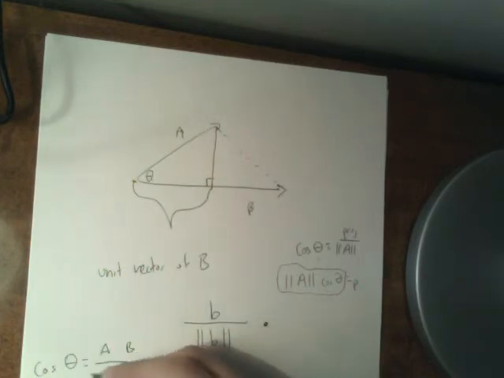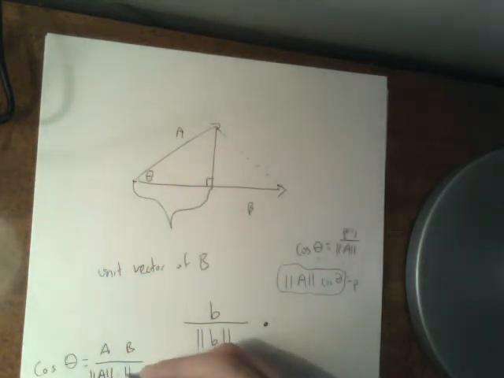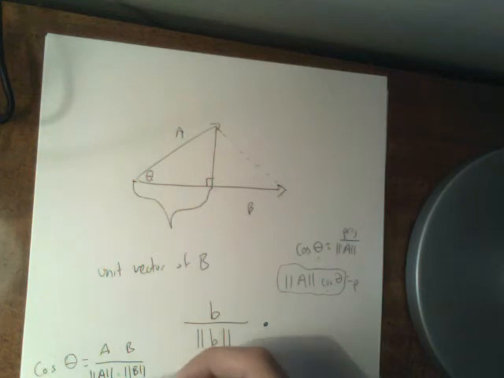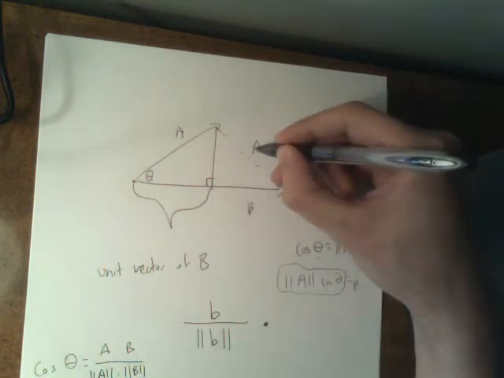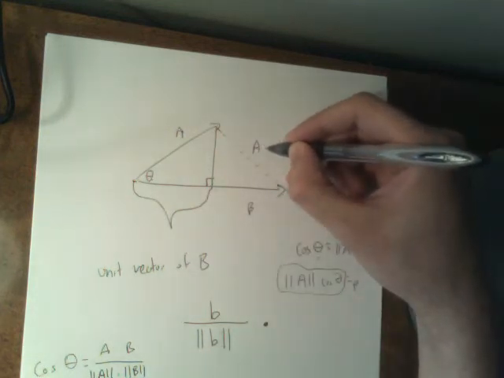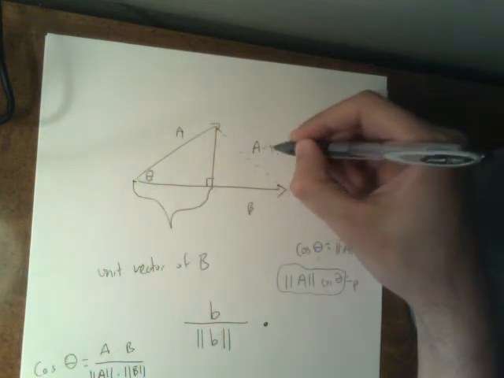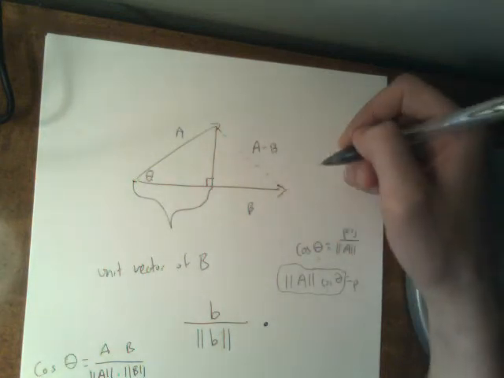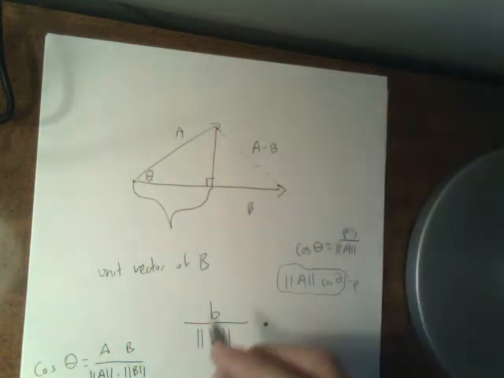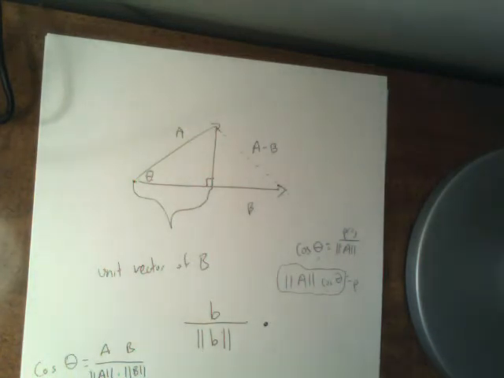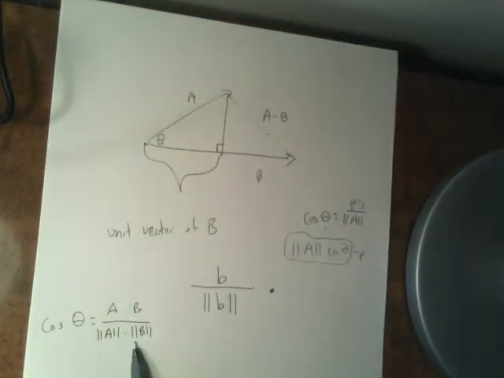This is something you just have to know. And again, you prove it through the law of cosines, which we can do, or you can just do yourself. Basically, this is A minus B. Or is it B minus A? It's one minus the other. Whatever. Anyway, so this is the cosine of the angle thing.